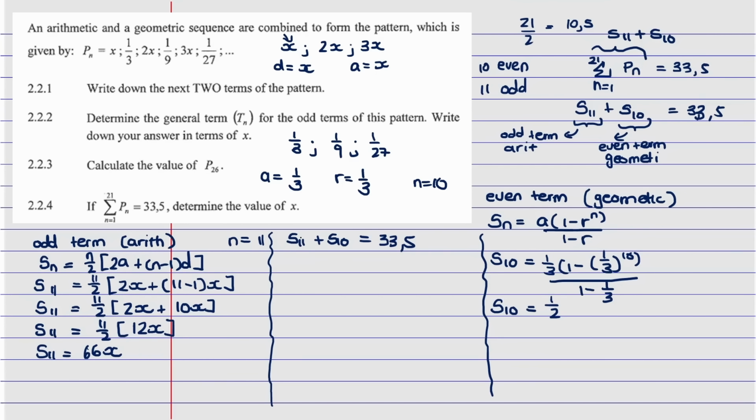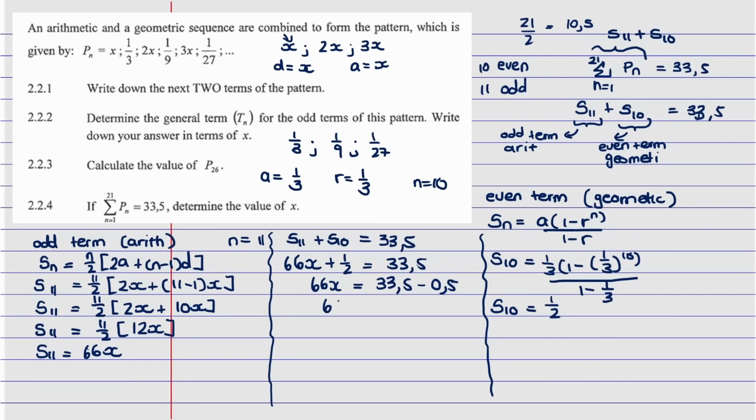We know that S11 is 66x. And we know that our geometric sum is 1 over 2. So 66x plus 1 over 2 is equal to 33,5, right? Take the half to the other side. So this is the same as 66x is equal to, when we say 33,5, minus 0,5.